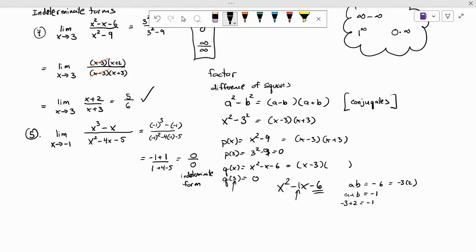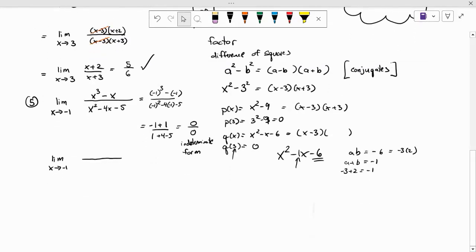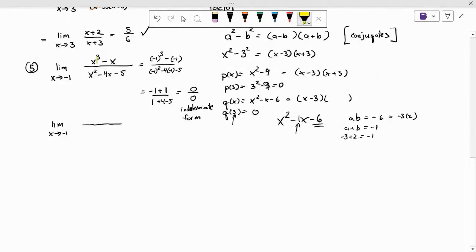Since we're dealing with polynomials, probably factoring. So how can we factor the numerator? What can we do first? We see that the two terms in the numerator both have a factor of x, so we just factor that out.